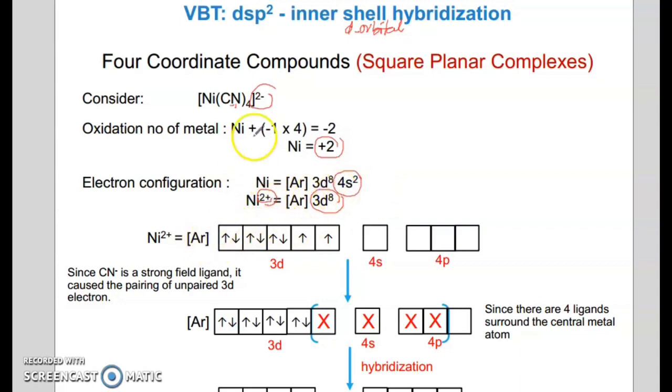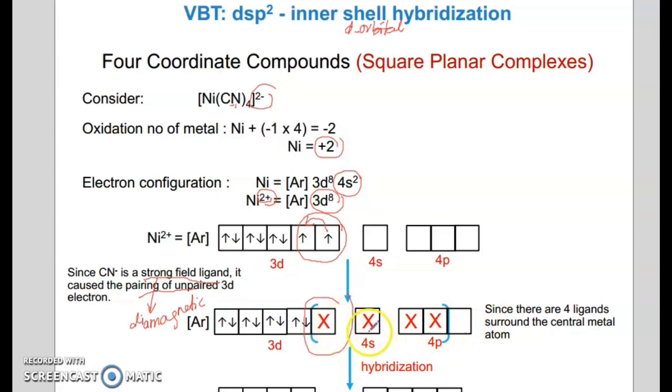Now, because CN is a strong field ligand, a strong field ligand tends to form a diamagnetic complex, meaning pairing of the unpaired 3d electrons. We have 8 here, so the electrons need to pair up. One goes here and another one, an empty space here for the hybridization.